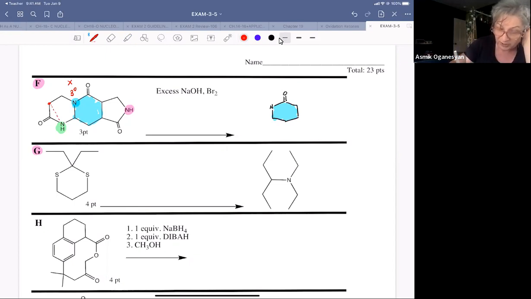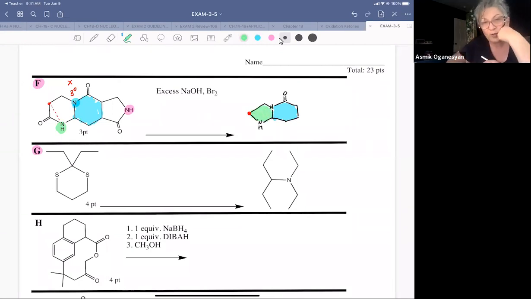So we will be forming a 5-membered ring over here. And that will be your small 5-membered ring.